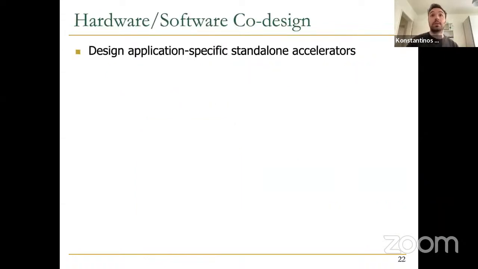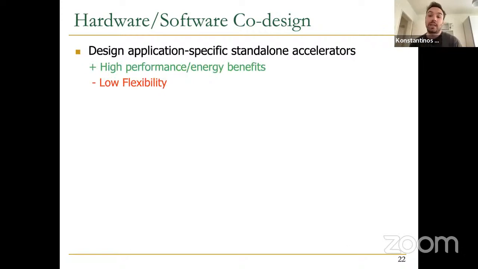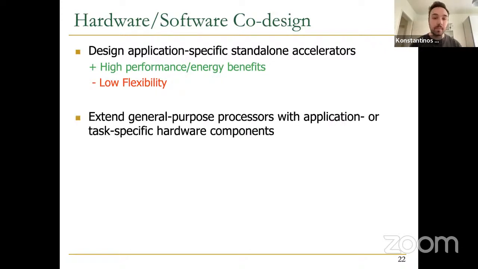So in hardware software co-design, there are multiple ways to approach the problem and the topic. One way is to design application-specific standalone accelerators, and this can provide high performance and energy benefits, but lower flexibility. We cannot run any application in the standalone accelerator. We can run only a specific set of applications.